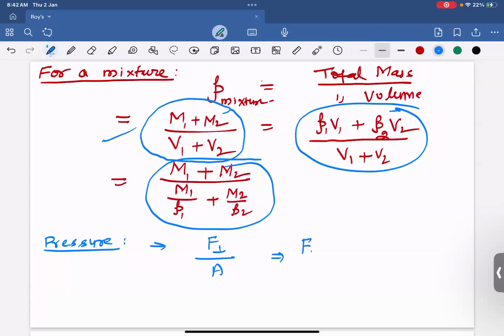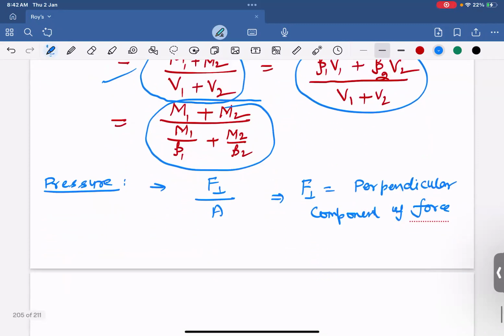That means F perpendicular is the perpendicular component of force.